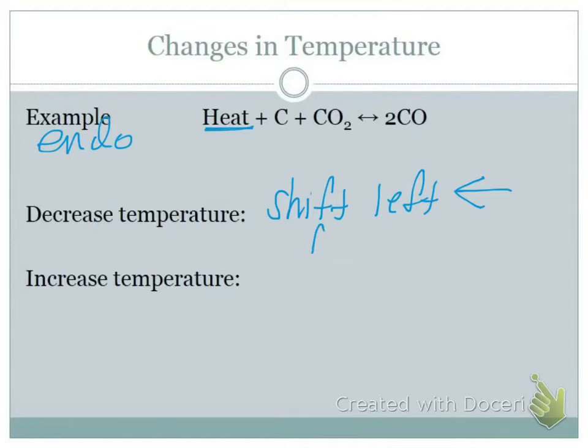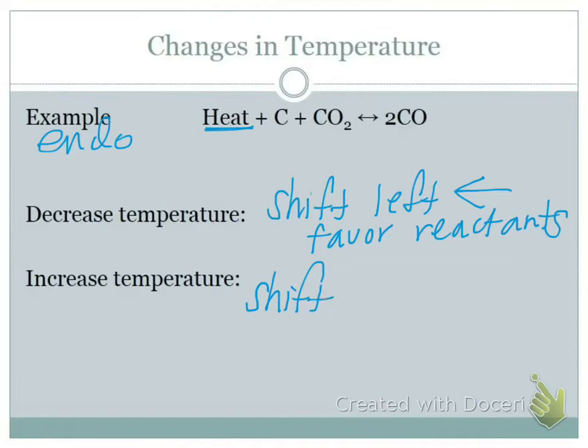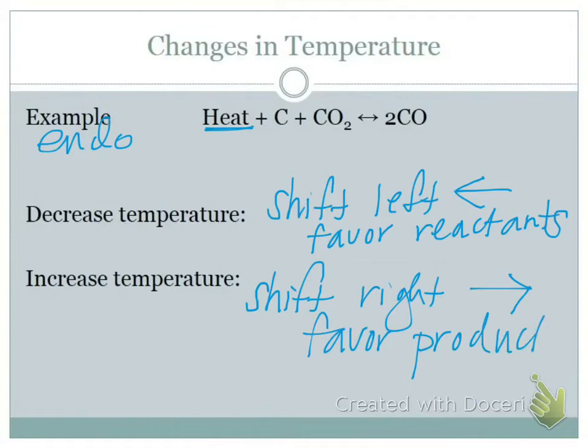That means I would favor reactants. So as time progressed, I would make more carbon and CO2 because I'm shifting to the left and favoring the reactants. What if I increase my temperature? It would shift to the right and favor products. So as time progressed, the concentration of CO would increase. Okay.